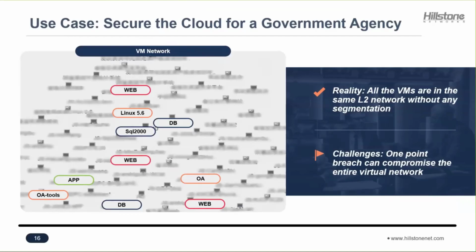And of course, there's a very obvious security issue: if one of the VMs gets hacked, it can easily spread to tens or more other VMs. So they deployed CloudHive in order to do security control in this environment.